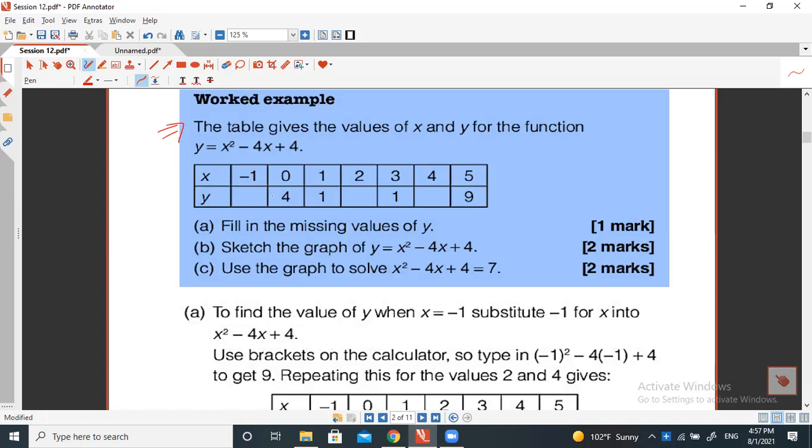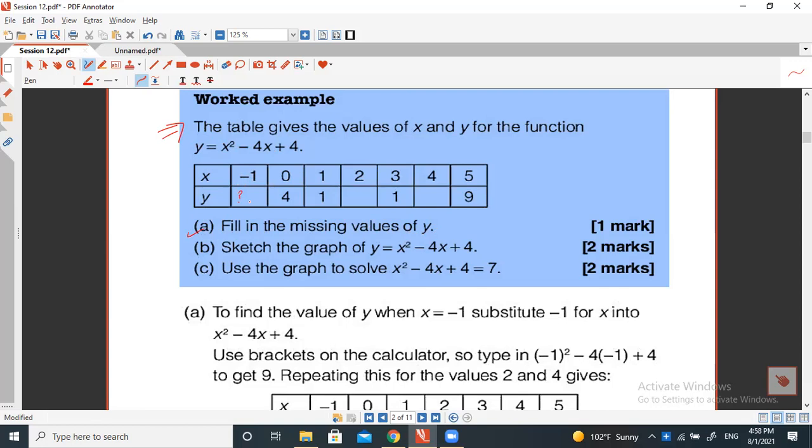The table gives the values of x and y for the function y equals x squared minus 4x plus 4, and he gave us a table. Letter A: fill in the missing values of y. So when x equals 1, what is the value of y?